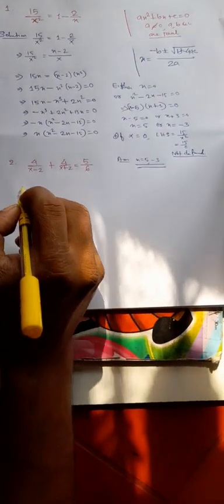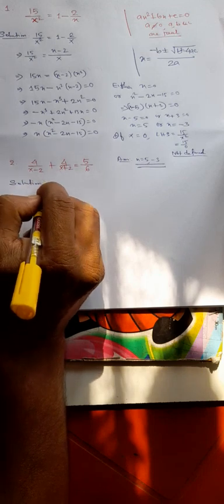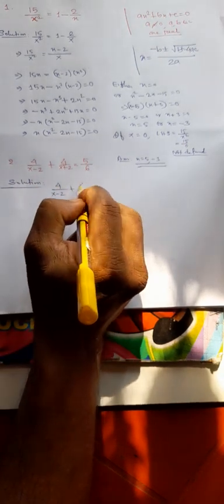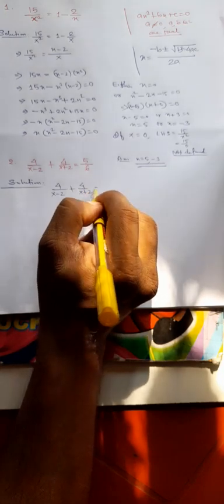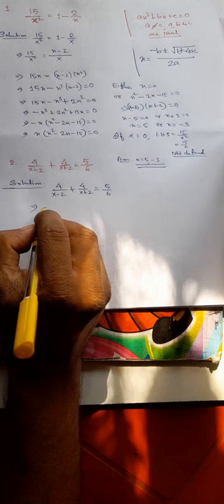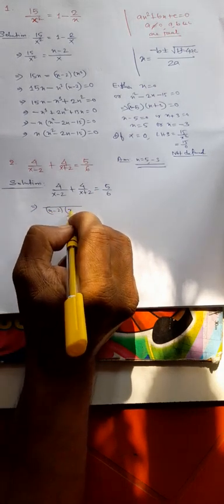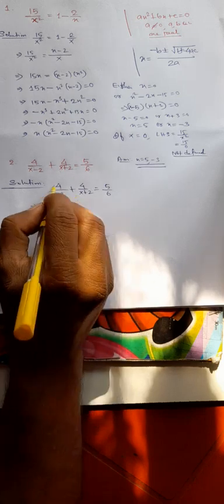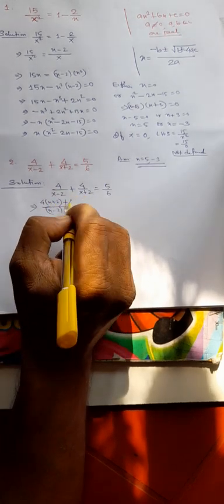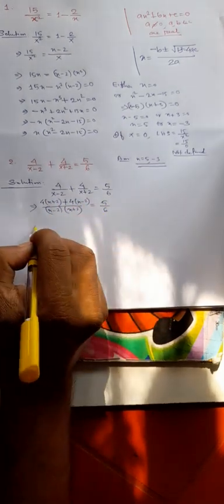Now let's try to solve this one. Solution of this equation. Here 4 by x minus 2 plus 4 by x plus 2 equal to 5 by 6. Now this implies you find that LCM is x minus 2 into x plus 2. So this equal to 4 into x plus 2 plus 4 into x minus 2 equal to 5 by 6.